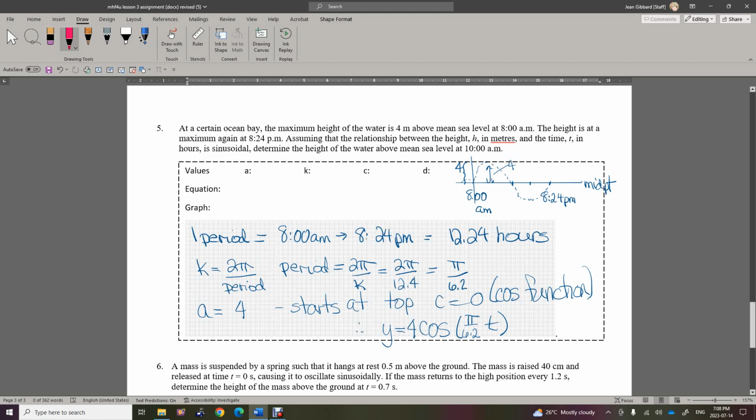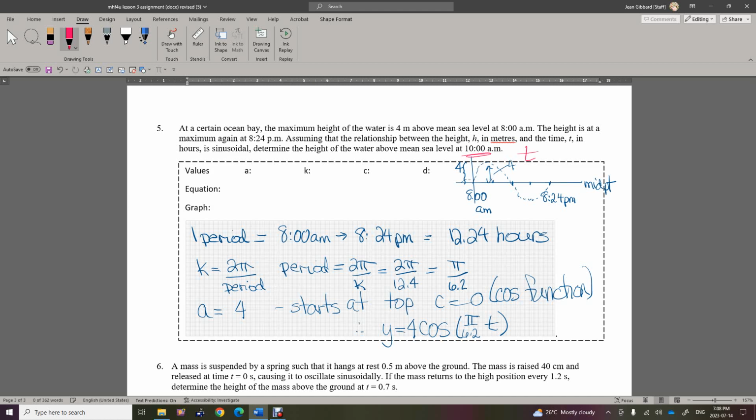Now, since it starts at the top, we could use a cos function. And when we put in the cos function, we get our value. But the last step you have to remember is that you want it at 10 o'clock.